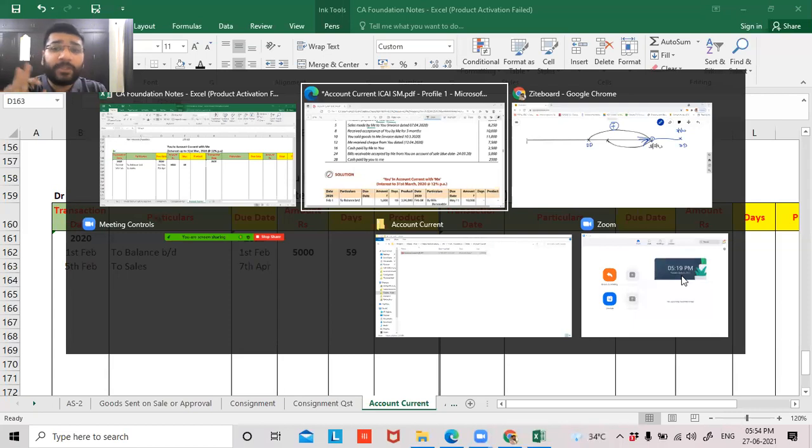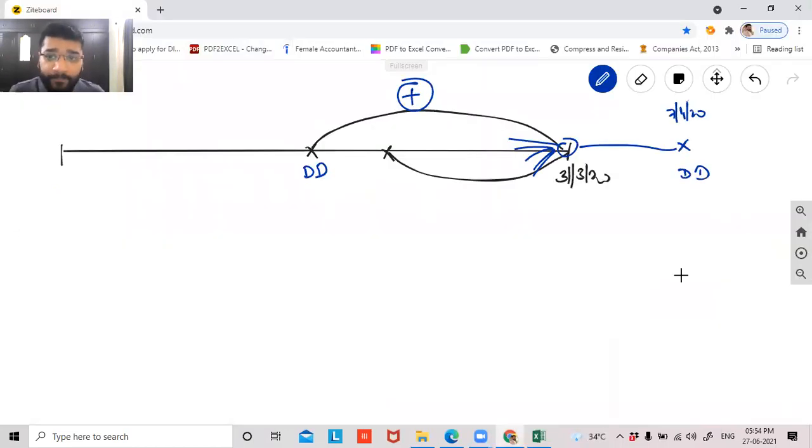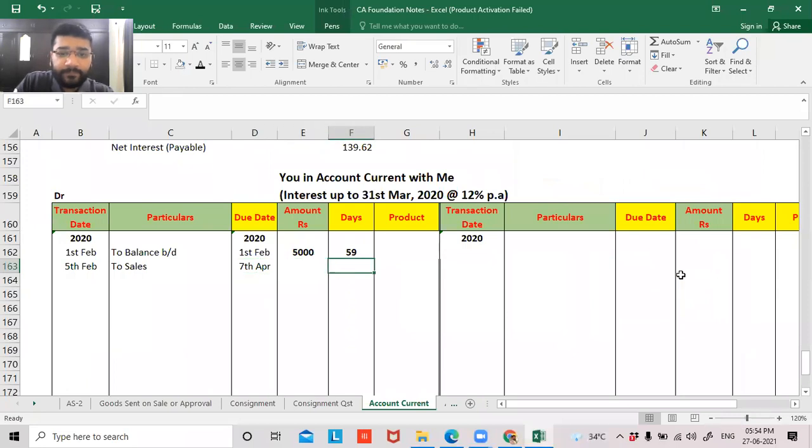No, March 31st will be excluded. Or if 31st March is included, then 7th April has to be excluded. Any one date has to be excluded. So I would suggest ignore the account current date and take the count from the next day, that is from 1st April. 1st, 2nd, 3rd, 4th, 5th, 6th, 7th. Can I say 7 days?